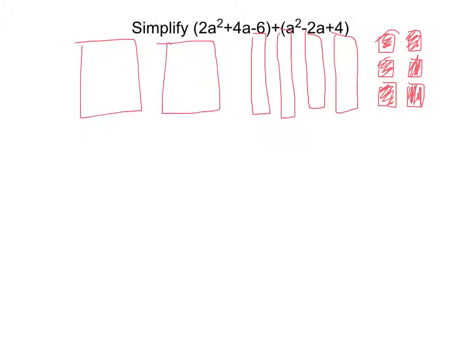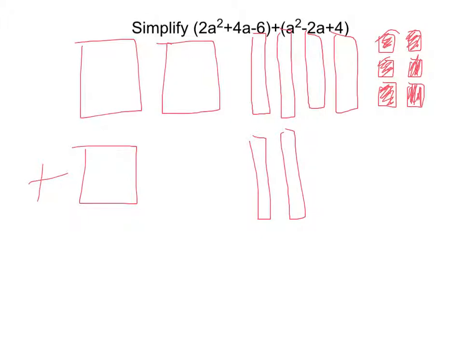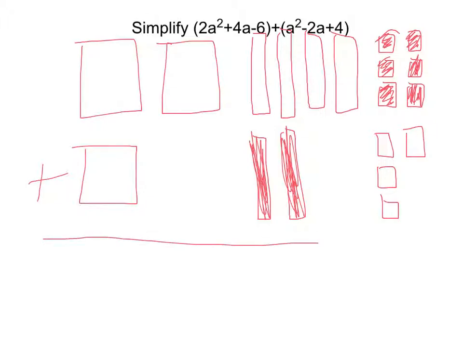And then plus, there's only an a squared, but it's also a positive. Then you want to match these up parallel, and so it's a minus 2a, so they're negative. And then you do a plus 4, so 1, 2, 3, 4. And then we'll leave the space at the bottom.